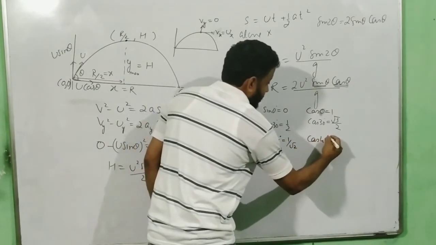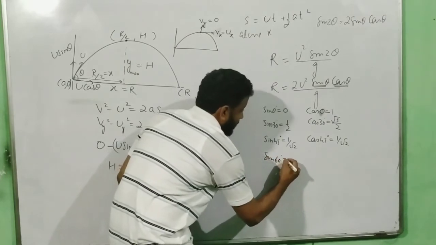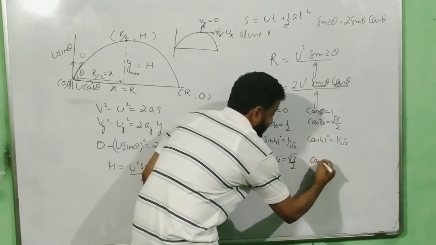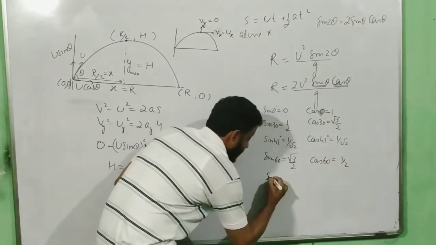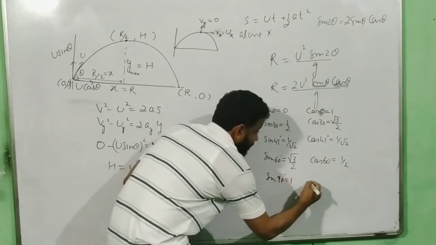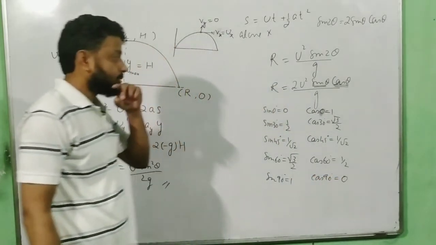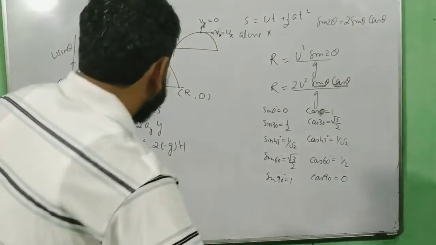Cos 45 is equal to 1 by root 2. Sin 60 is equal to root 3 by 2. Cos 60 is equal to half. Sin 90 is equal to 1. Cos 90 is equal to 0. Okay? Now consider this.